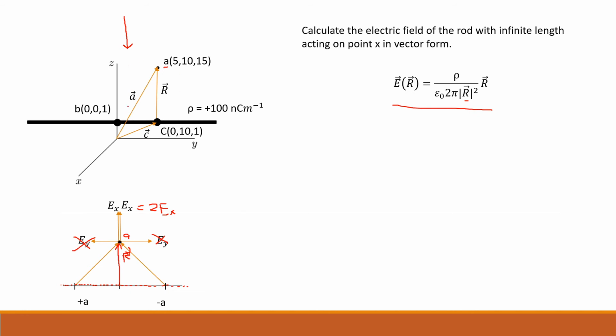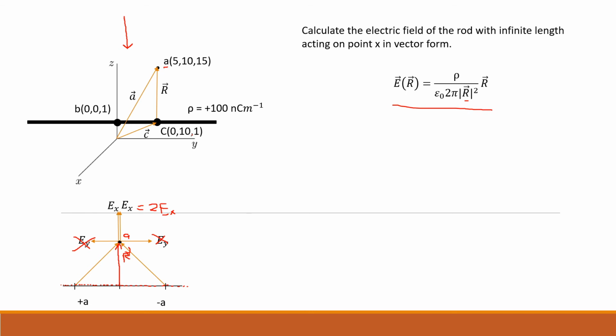We have our vector A here, and this vector C. We have to make this vector C because it's not provided, but we can make it fairly easily. The rod is at 0, 0, 1, and the point is at 0, 10, because it's the shortest distance, perpendicular to the point charge here.